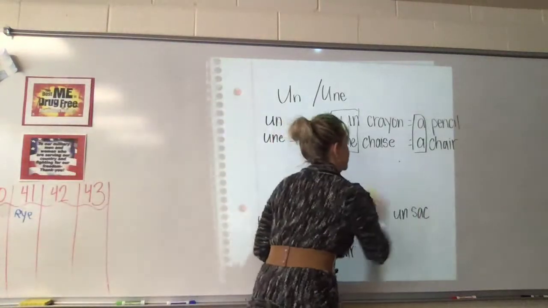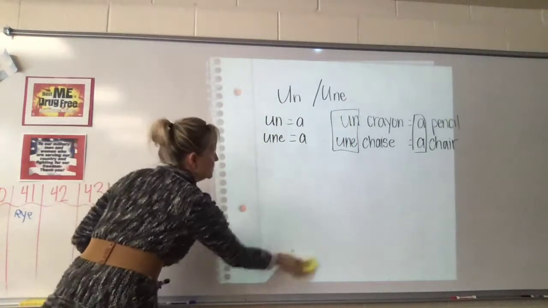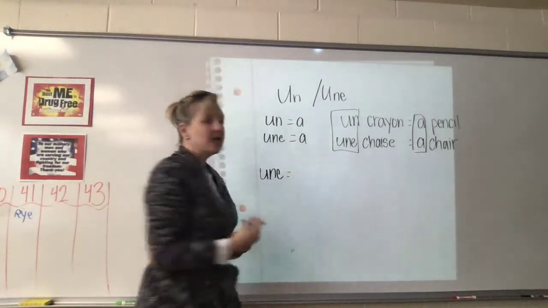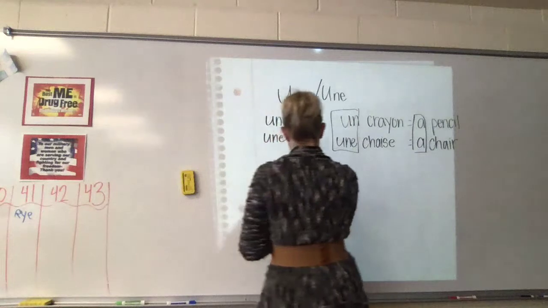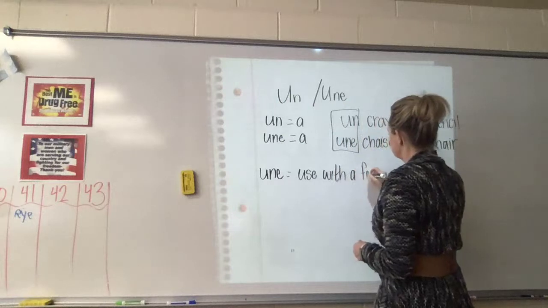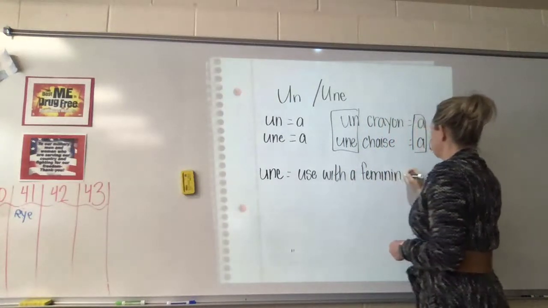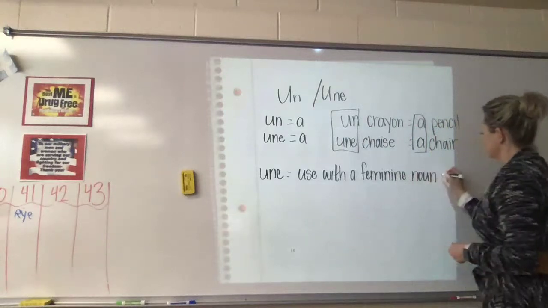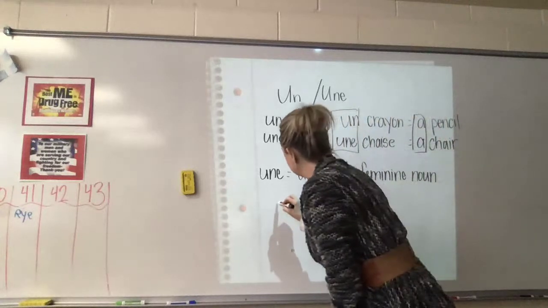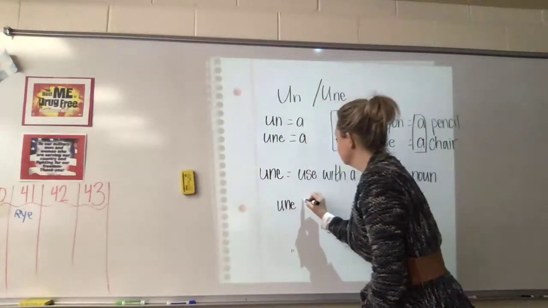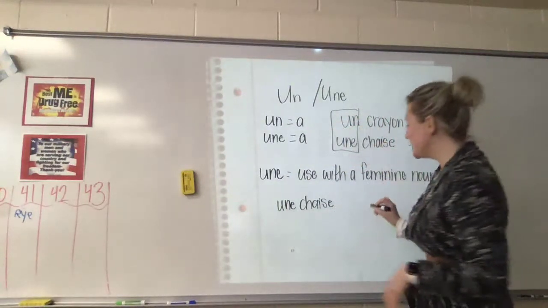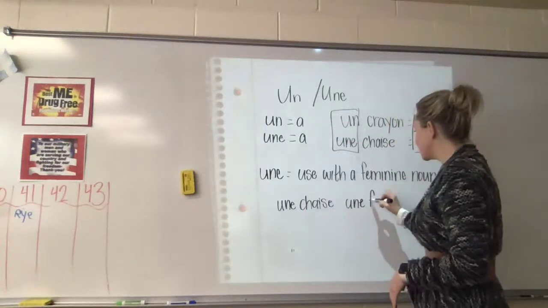And then, with a feminine noun, we use une. Using it with a feminine noun. Now, we also have seen a lot of examples here. Une chaise. Une fenêtre, the window, or a window, I should say here.